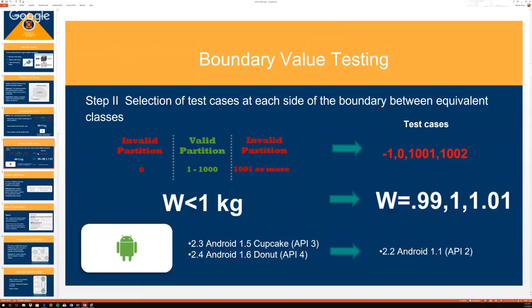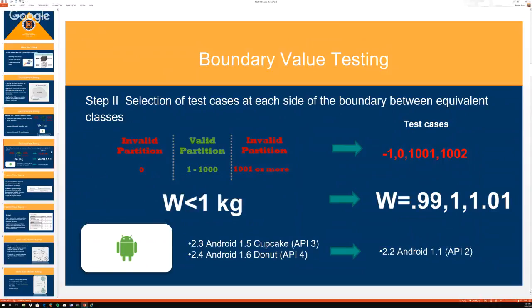Another way is with the weight of the drone, by defining values like 0.99 or 1.12 or something like that. And it's the same logic for the Android versions. Let's see what happens with the system if we put the next version to the one that we're going to use. So this is what the boundary value testing looks like.